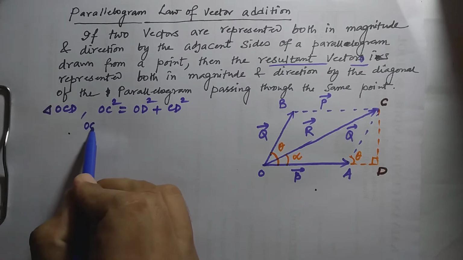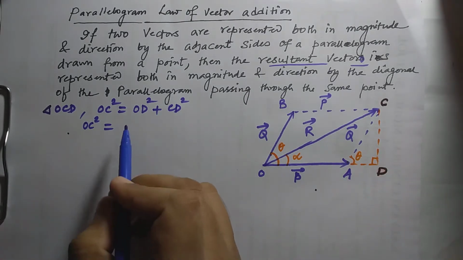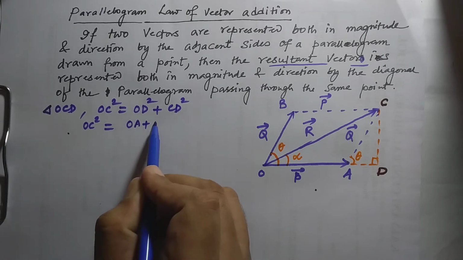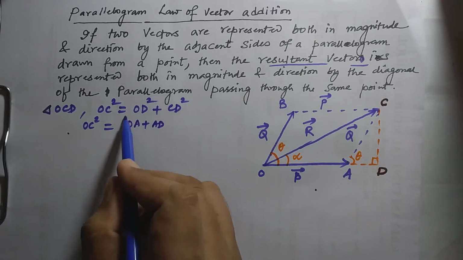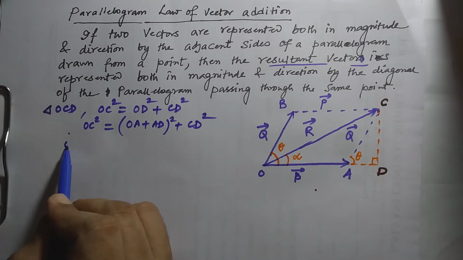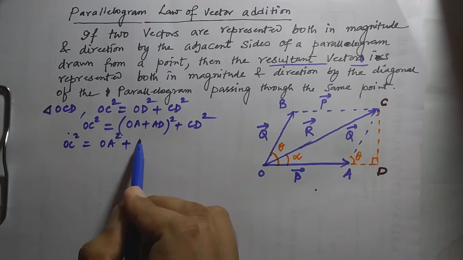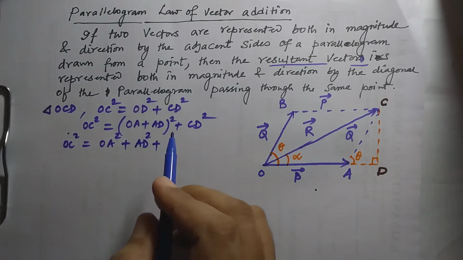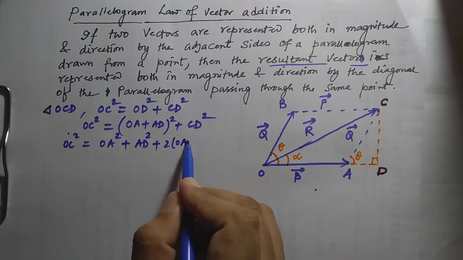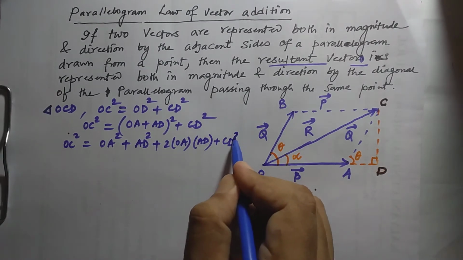Now OD means OA plus AD, so OC square is equal to OA plus AD whole square plus CD square. So OC square is equal to OA square plus AD square plus 2 OA AD plus CD square.